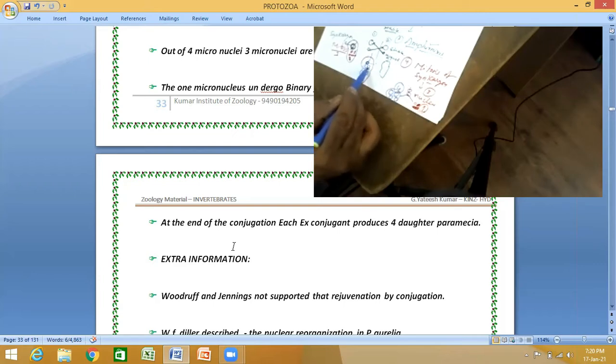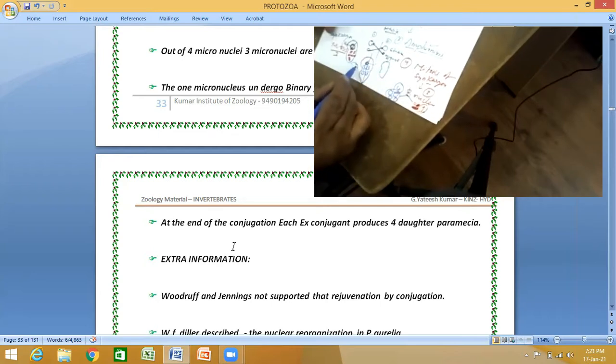That is why the four macronuclei are shared between two paramecia: one micro and two macro in each.